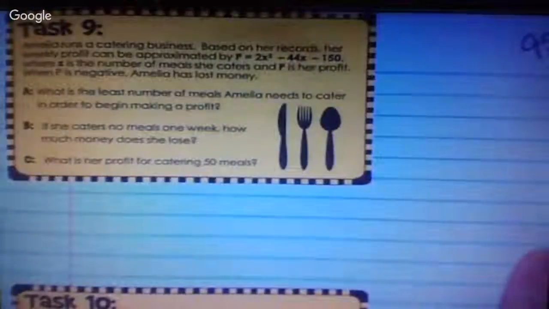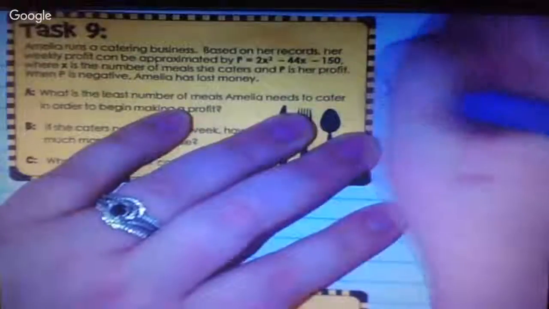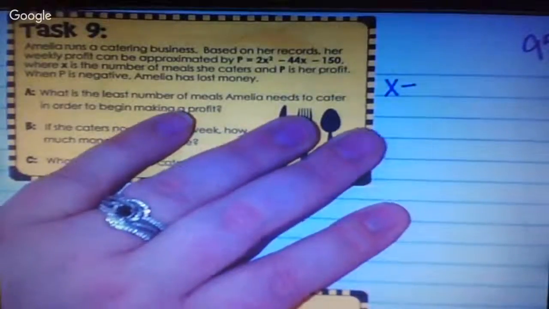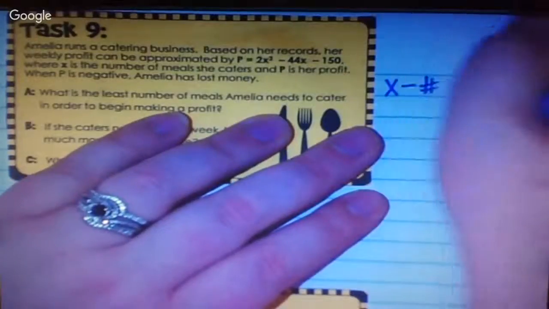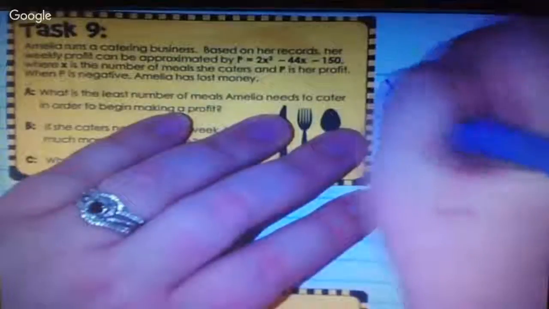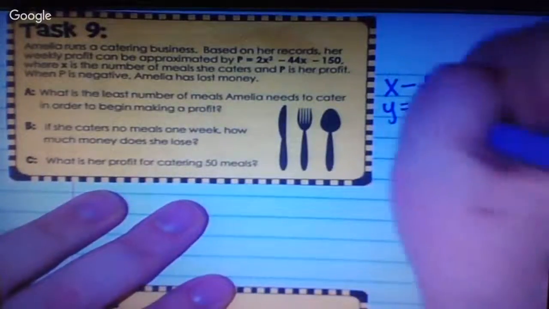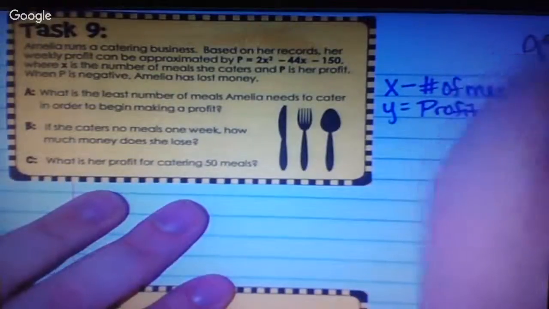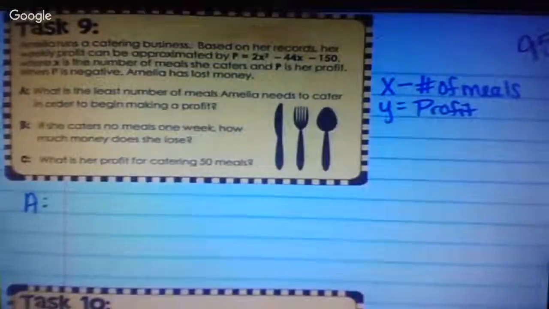Okay. All right. So a lot of you stopped at task number 9, so let's talk about this. X this time is the number of meals. Y is profit.